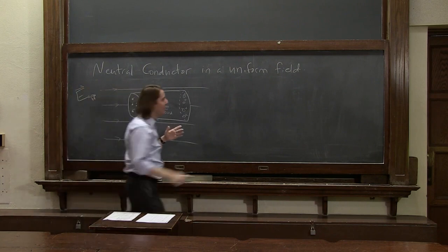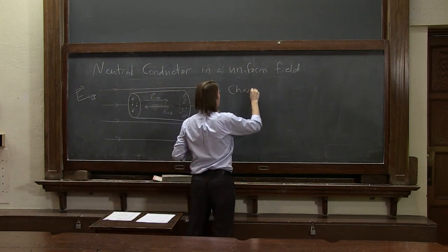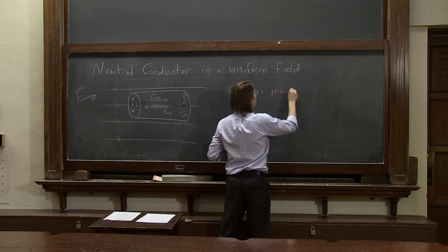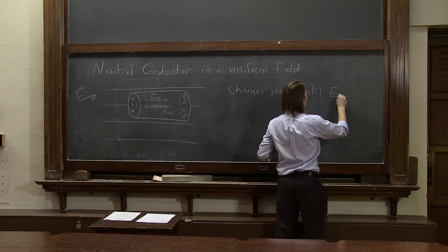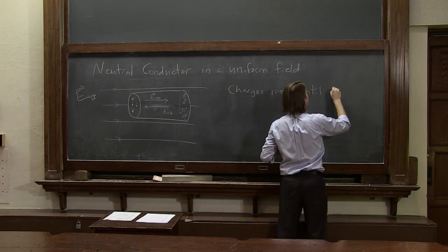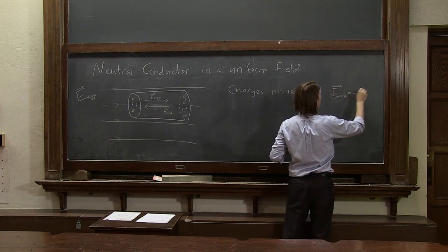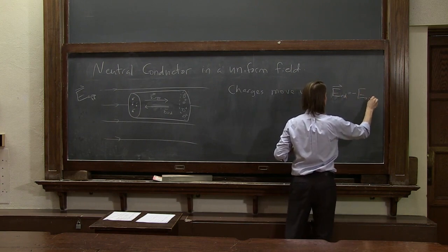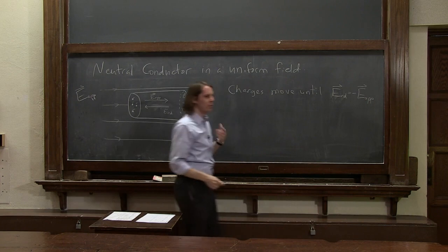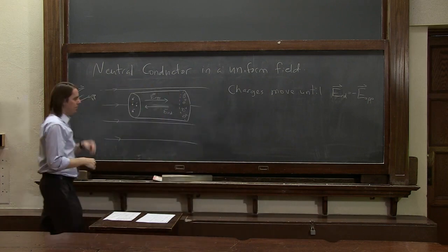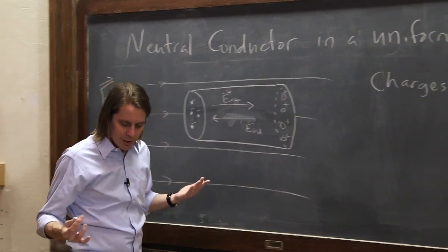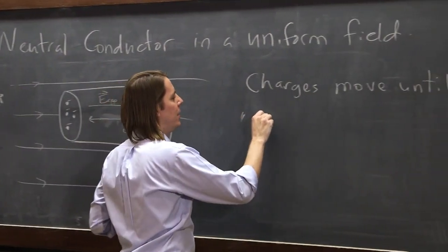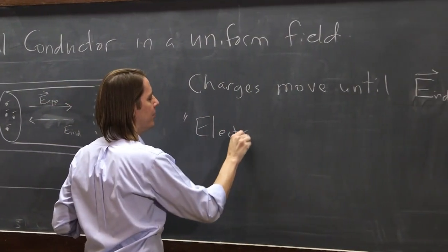So what's going to happen is charges move until E induced, the thing you're making, equals minus E applied. Because when that happens, E total is zero. And then they stop moving. Right? This is a condition that we call electrostatic equilibrium.